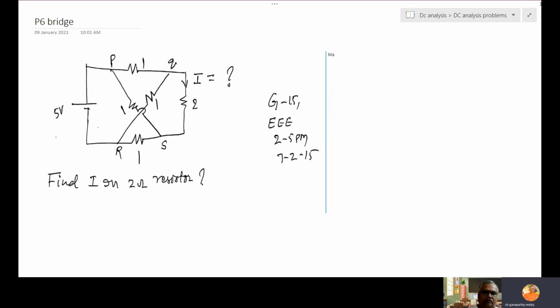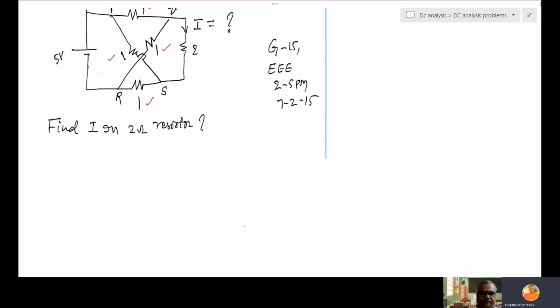So here 1 ohm, this 1 ohm, this 1 ohm, this 1 ohm, this 1 ohm, 4, 2. So there is a chance of this connection being a bridge that we have to cross check. And source is outside, it is asking current in this 2 ohm resistor. So let us try, is it a bridge or not?